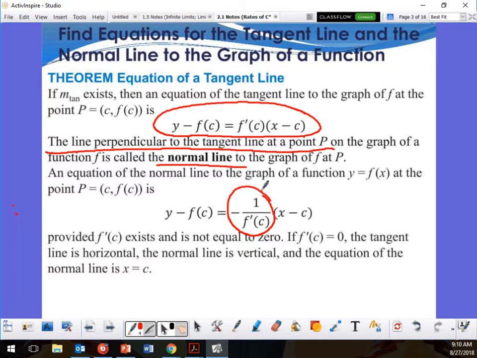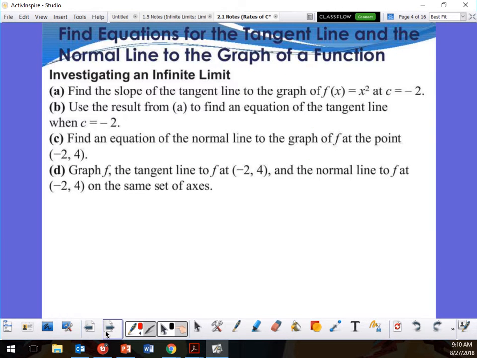Provided f prime of c exists and is not equal to 0. If f prime of c is equal to 0, the tangent line is horizontal, the normal line is vertical, and the equation of the normal line would be x equals c. So x equals c is going to be a line going straight up and down.